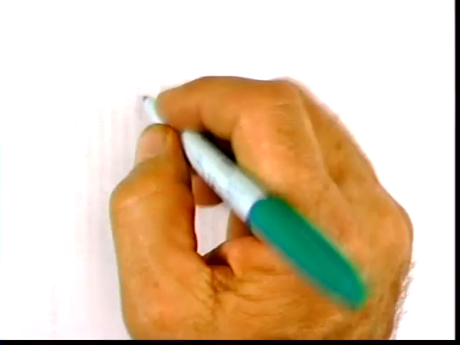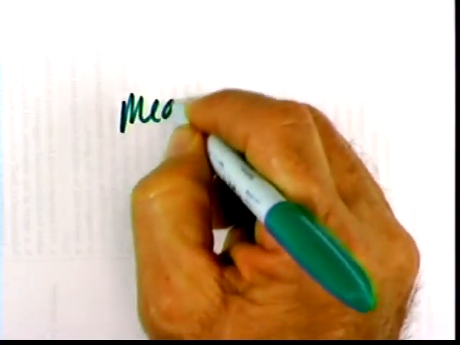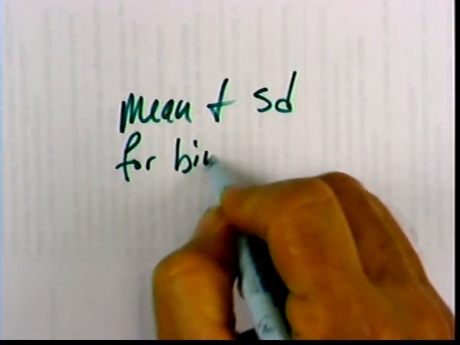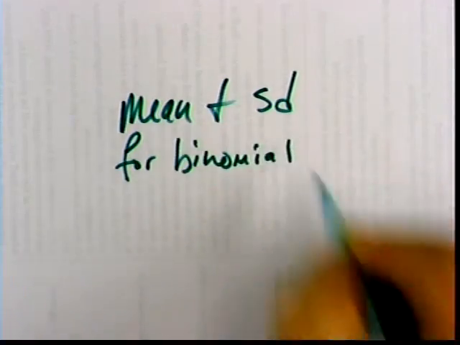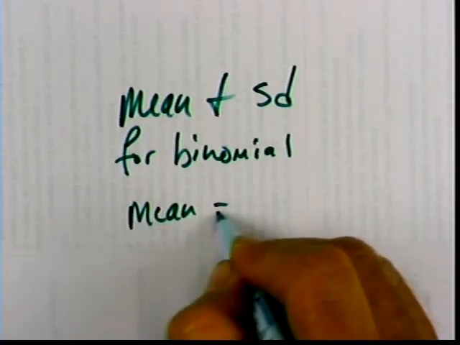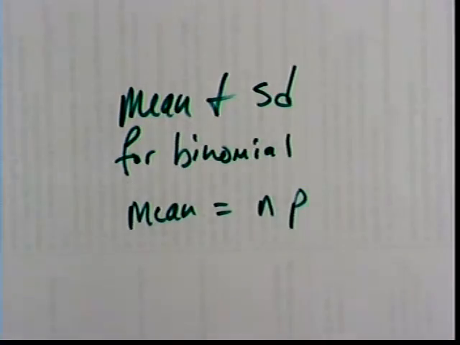Okay, so now I want to go back and talk about the mean and the standard deviation for the binomial. The mean is equal to np.